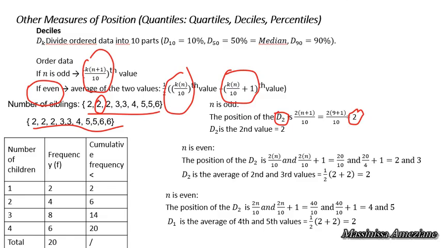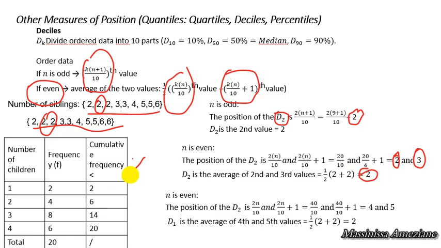And the second position is the next one after this, which is 3. So we take the average of the second and the third position. Where is the second? It is 2. The third is 2. The average is 2. So the D2 here, or the second decile, is 2.